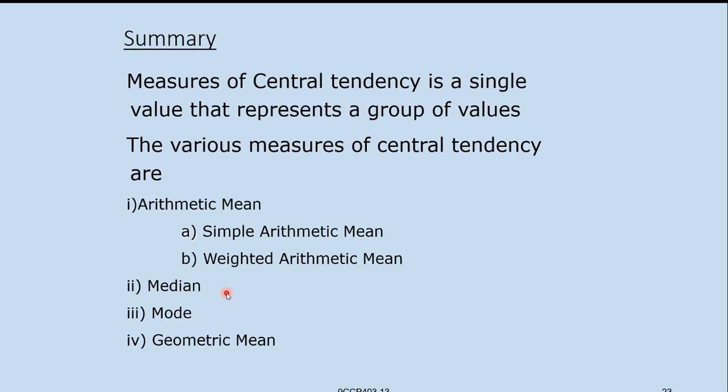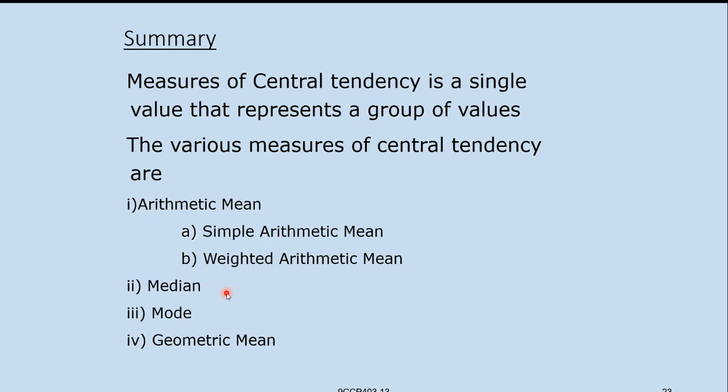That means, for example, if we take the numbers 10, 20, 30, 40, 50, 60, 70, 80, 90, 100 and average them, we add 10 plus 20, 20 plus 30, 30 plus 40, and so on up to 100.